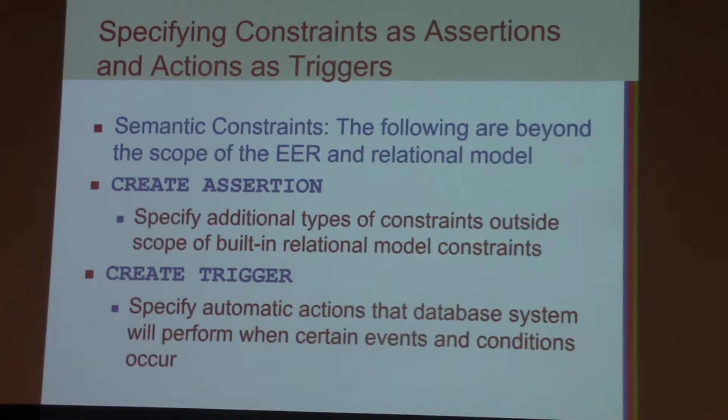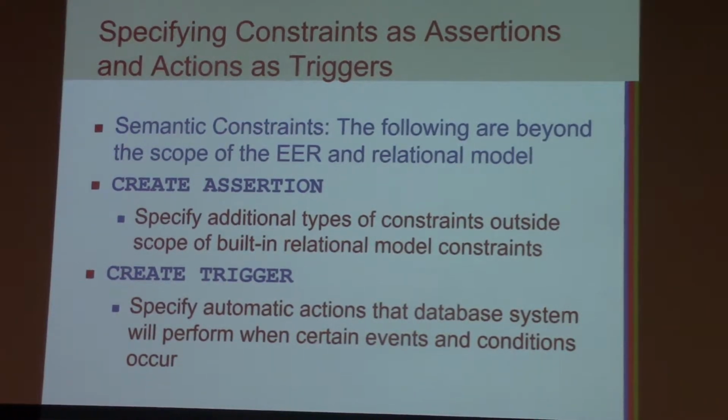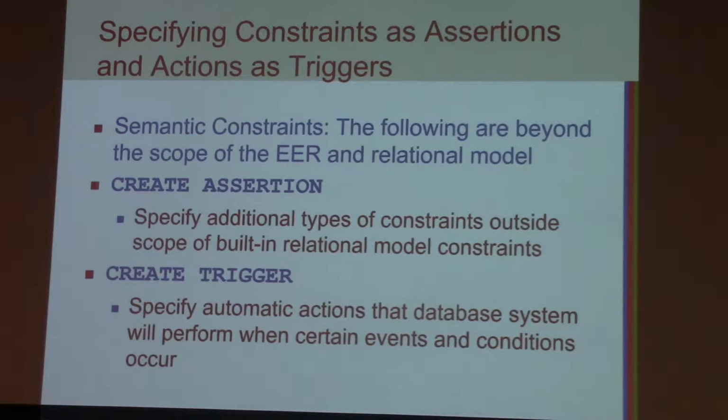assertion or trigger. Do you remember the constraint? What is a constraint? It's a rule. When we talked about the relational database model, we discussed what kinds of rules: primary key rule, entity integrity rule, foreign key rule, and so on. Then one of them was a user-specific, data-specific condition.